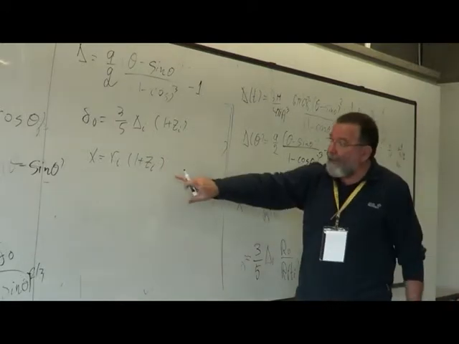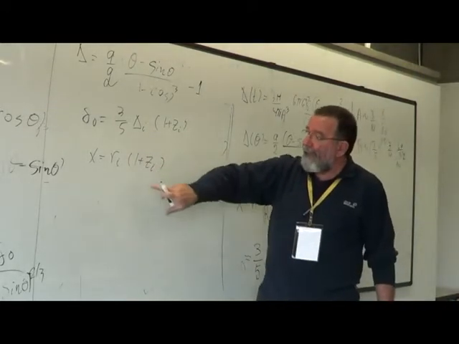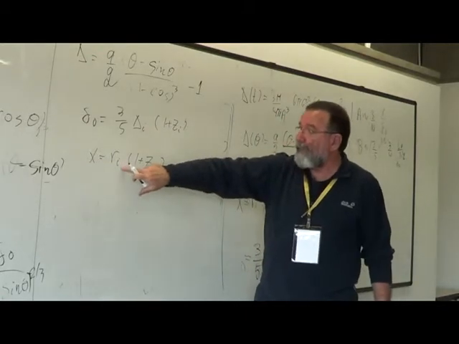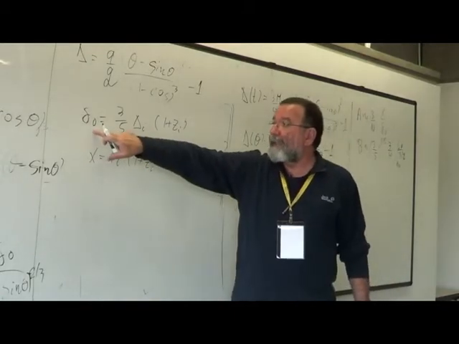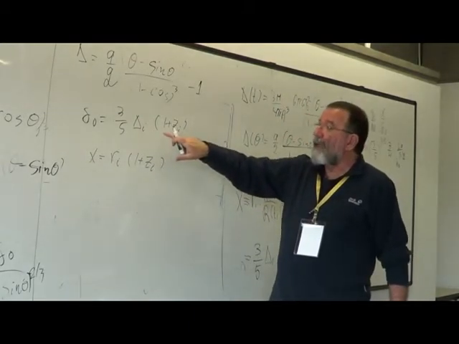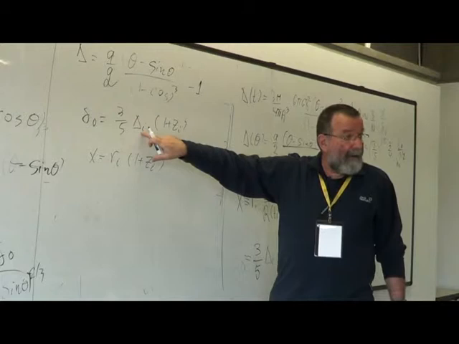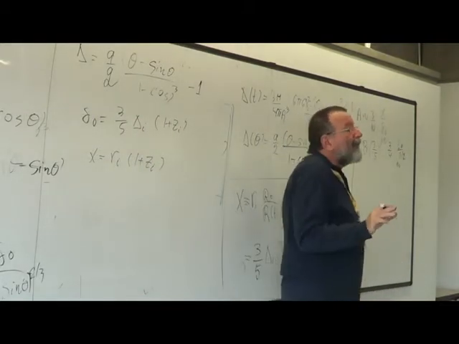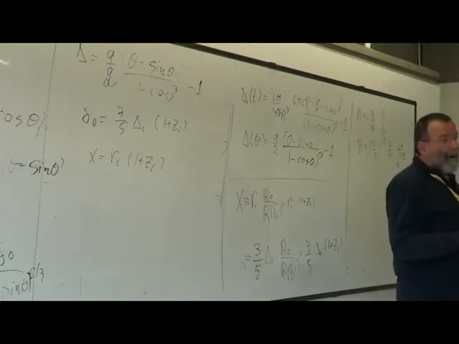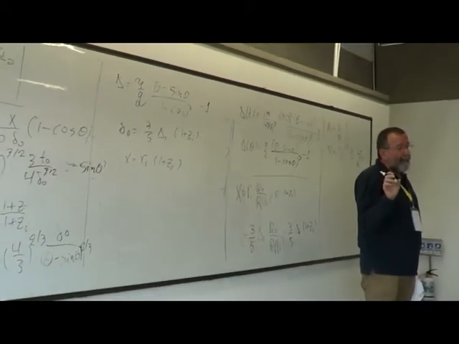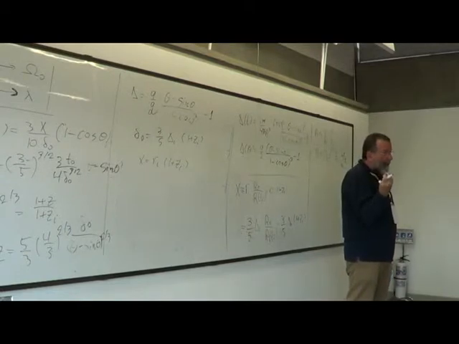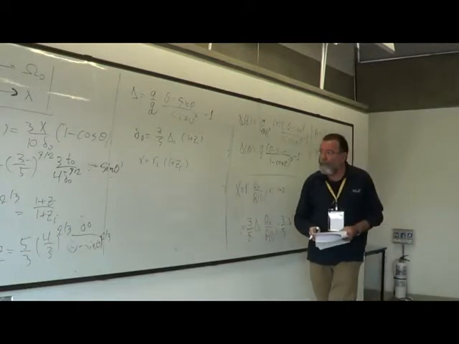The time i is given by the redshift, so if I know x at the time i, I know R_i. If I know delta naught and the initial redshift, then I know delta_i. Now I'm done. I know everything that I need to know about the behavior of top hat perturbation in an Einstein-de Sitter background. Let's see what we can get from it.